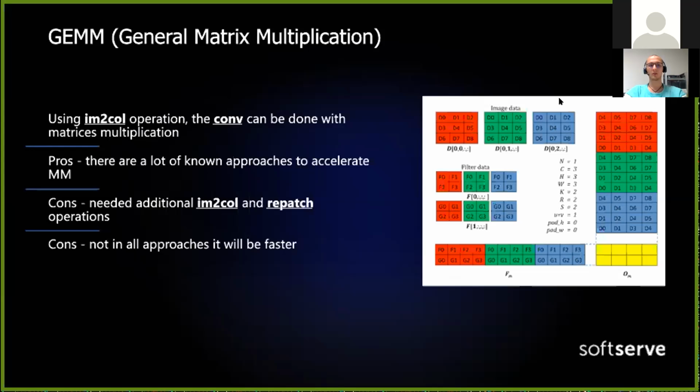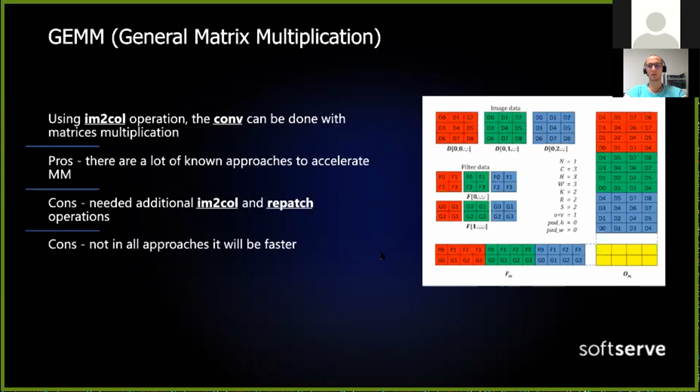So the pros of this approach is there are a lot of ways to accelerate matrix multiplications, but the cons of this approach is that it needs additional operations, im2col and repatch, that take a lot of time, and this approach cannot be faster on some boards.